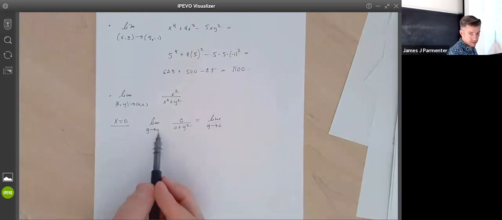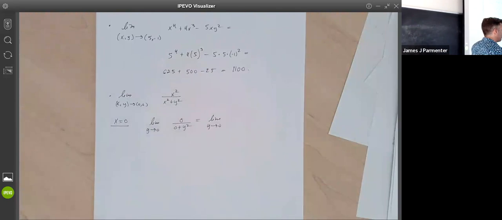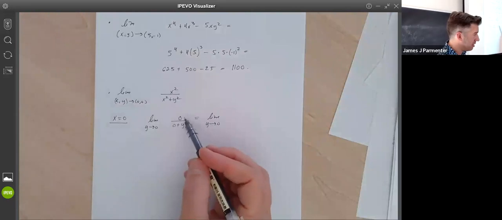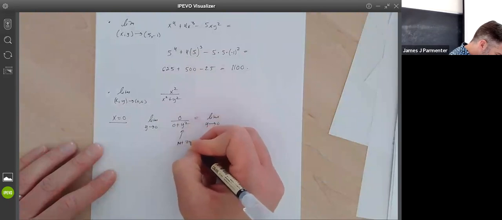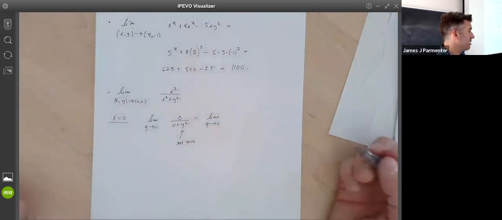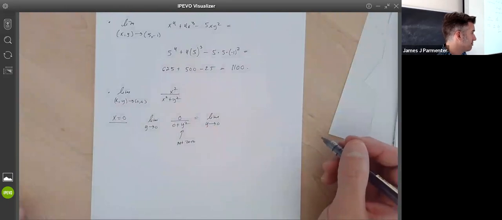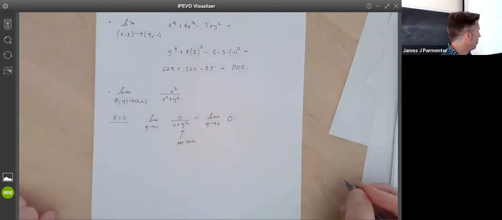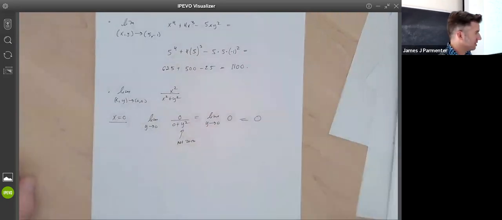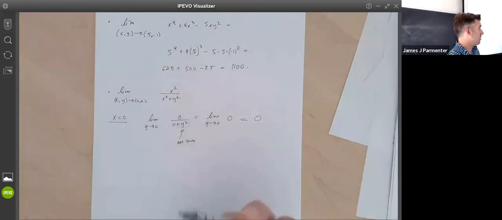The limit as y approaches 0 means y is getting really, really close to 0, but actually doesn't ever get to equal 0. So the whole point is that this expression is very specifically 0 divided by not 0. And 0 divided by not 0 is what? Right. And now, what's the limit as y approaches 0 of a constant? Just that constant. So the whole idea with this path typically is the whole thing just becomes 0 before you even take the limit. And then when you take the limit, you just get 0.